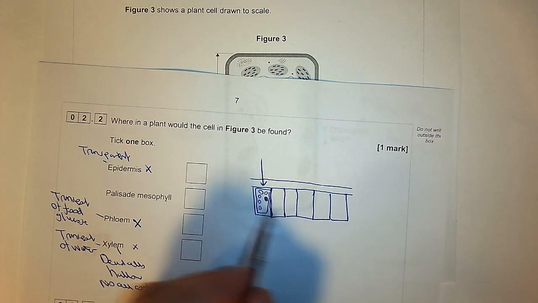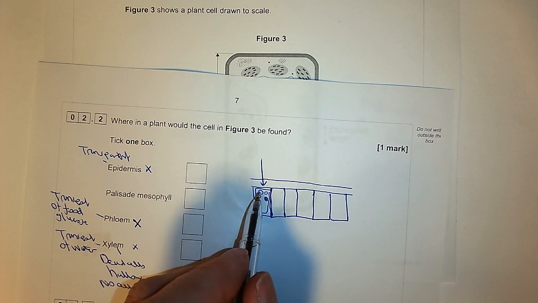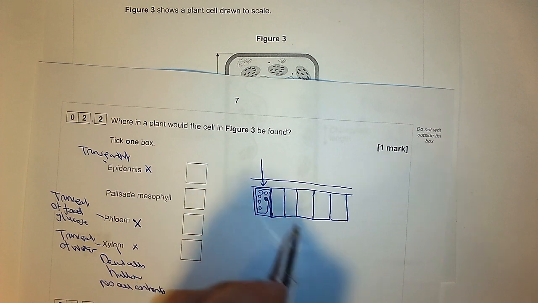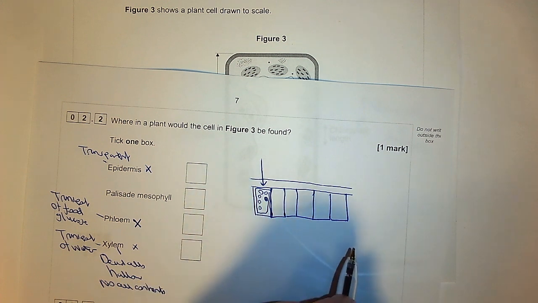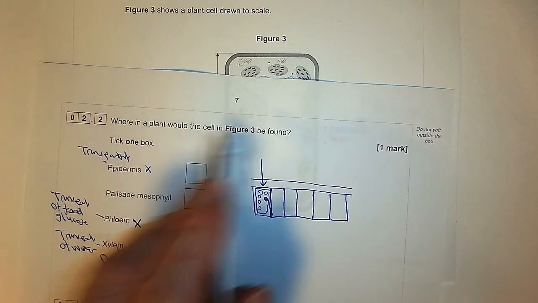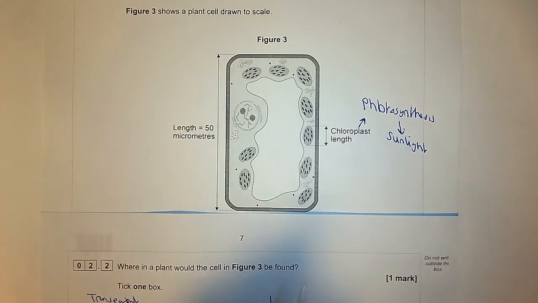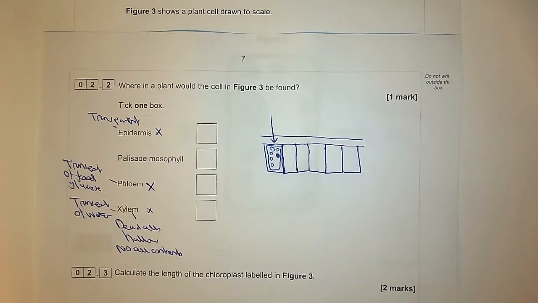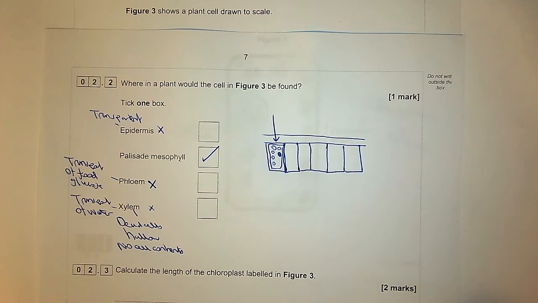The first layer of the leaf that the light hits is the palisade cells, and those chloroplasts can then absorb sunlight and carry out photosynthesis. So we'd find plant cells with chloroplasts in the palisade mesophyll. 1 mark.